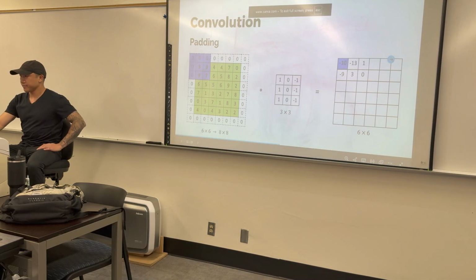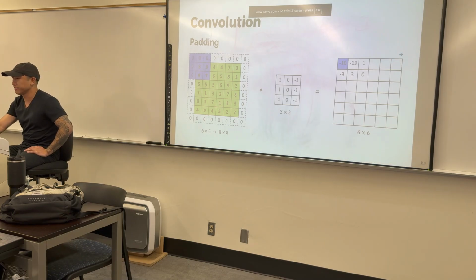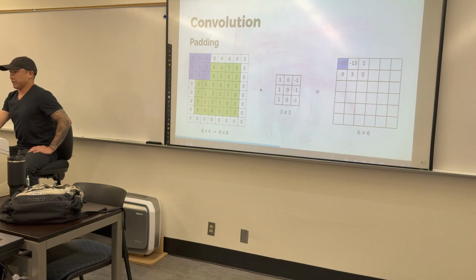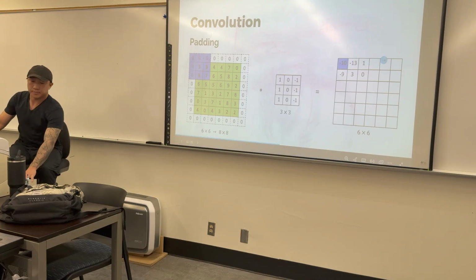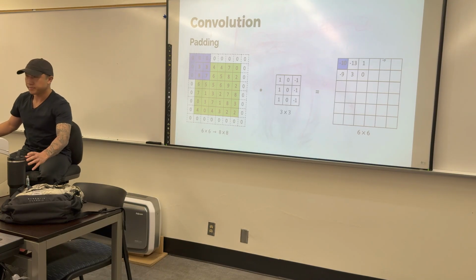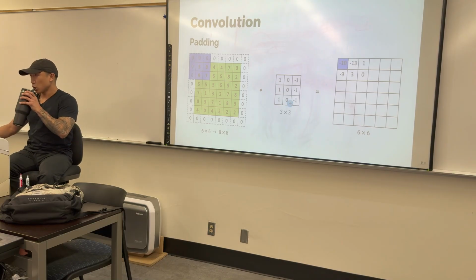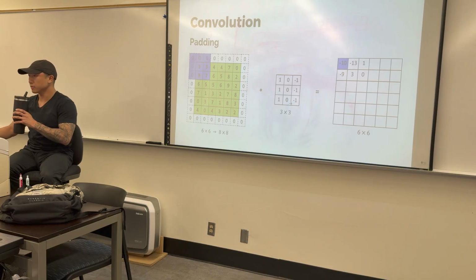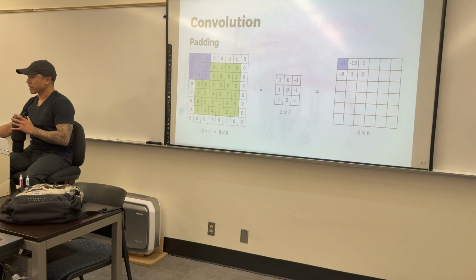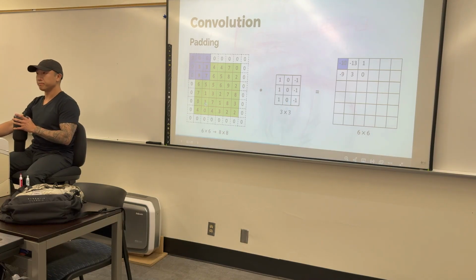Great question though. So that's what padding is. Any questions on padding? But the numbers in the middle are always the ones where the most calculations happen, so that means the numbers in the middle will always be very high. Yes, most likely.